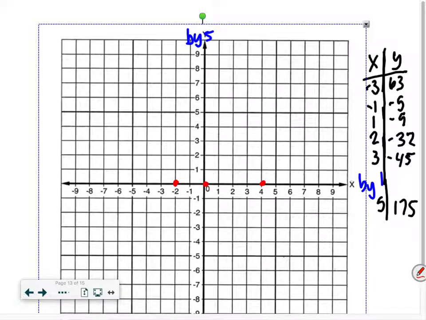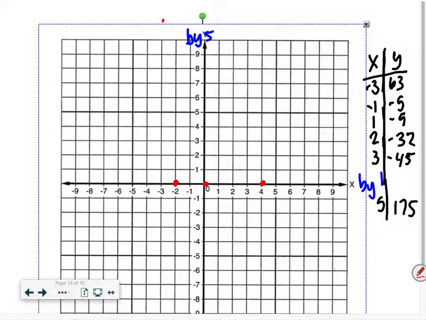Negative 3, we go up 63. It goes off the graph. The ends are going to get crazy high, crazy low. We just care about the middle part.